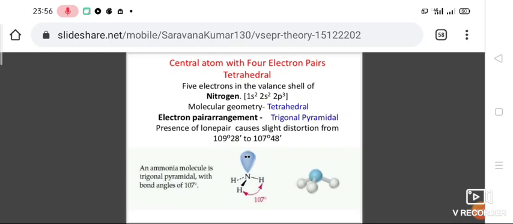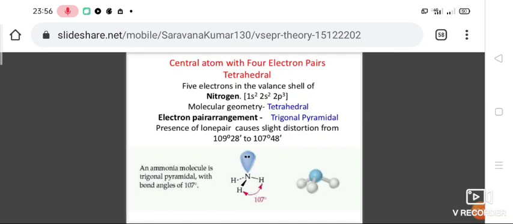When you see ammonia, 4 electron pairs, that means 5 electrons belonging to nitrogen plus 3 from 3 hydrogen atoms. So it has 4 electron pairs available in the valence shell of nitrogen, directed towards the apices of a tetrahedron. 3 of the apices will be occupied by 3 hydrogen atoms and 1 by a lone pair.